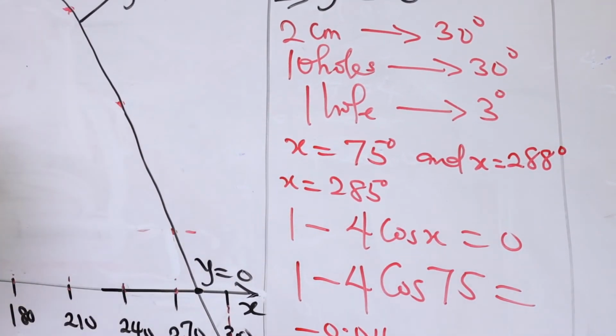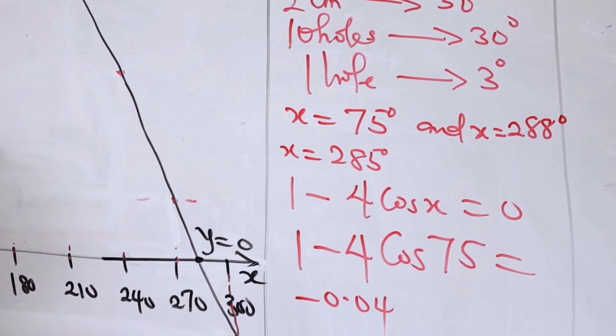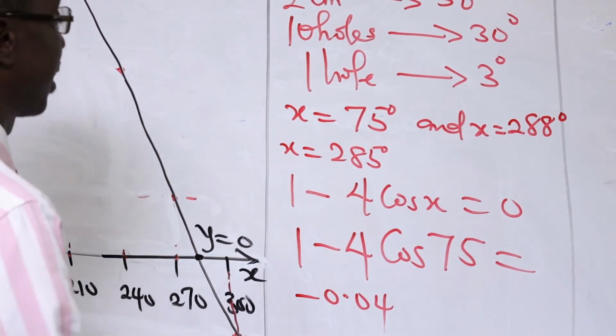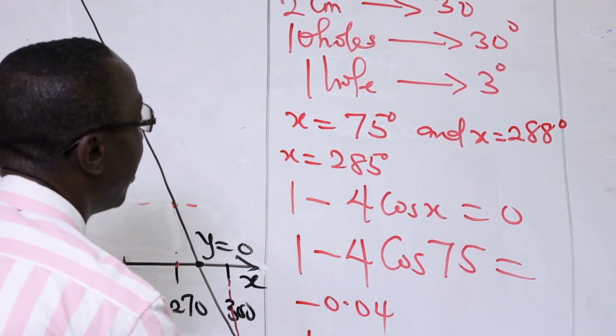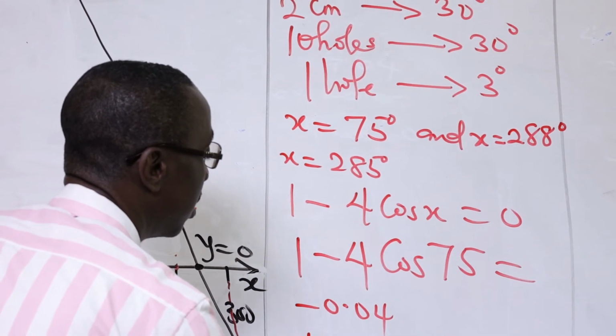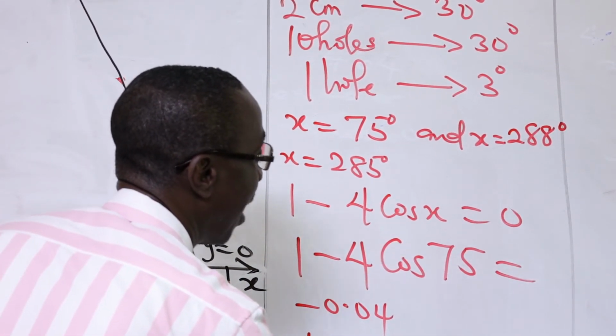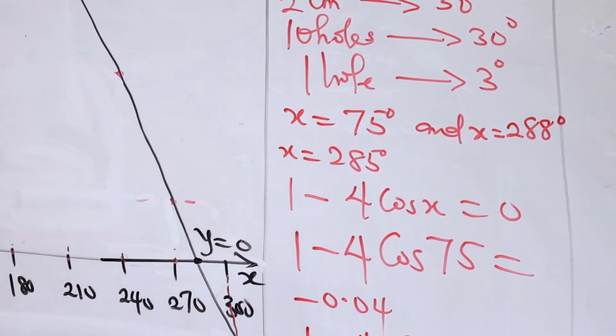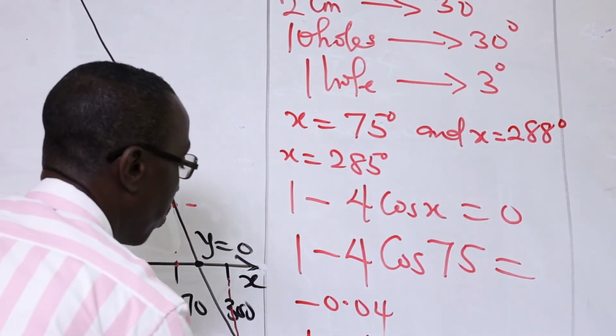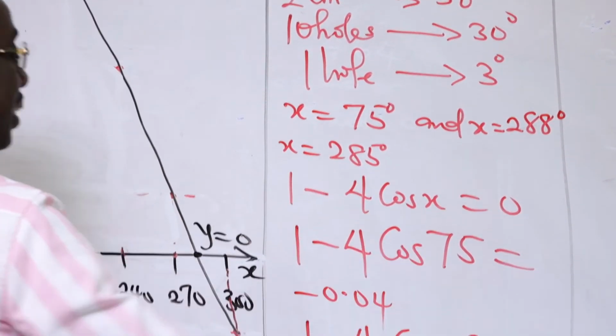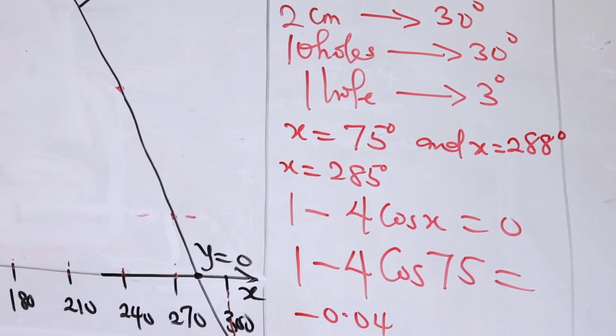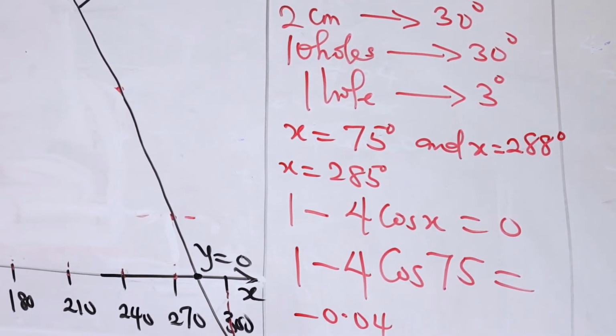So this is a value that is obviously 0. All right. Can we try 1 minus 4 cos 285? Okay, minus 0.04. Can you try 288? Minus 0.2. That one is bigger than this now.